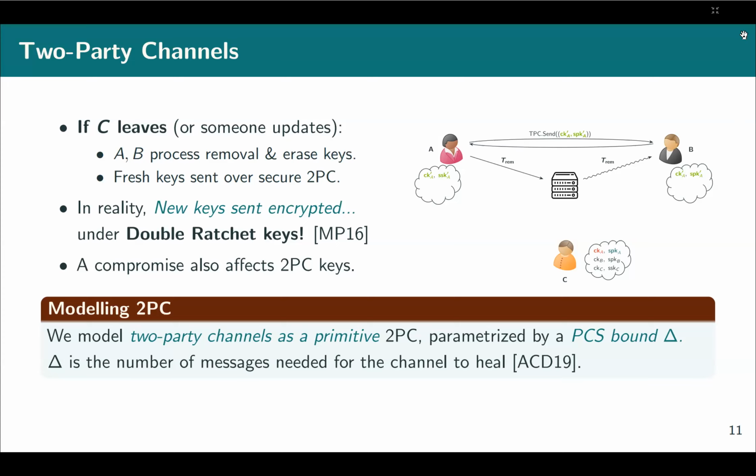We model this interaction by using a primitive and referring to these two-party channels as a standard. We parameterize it by some delta that we call PCS bar, which refers to the number of round trips that the conversation needs to heal between the two parties. Delta is usually 3 for the double ratchet, for example, which has already been studied in previous work.